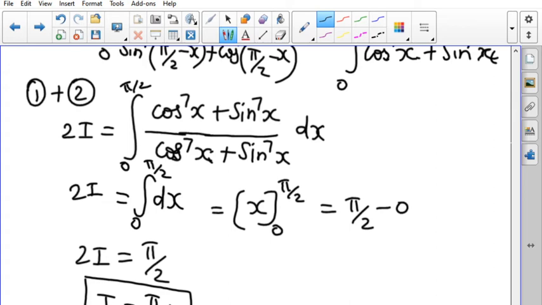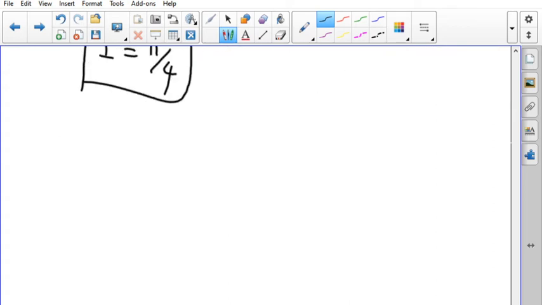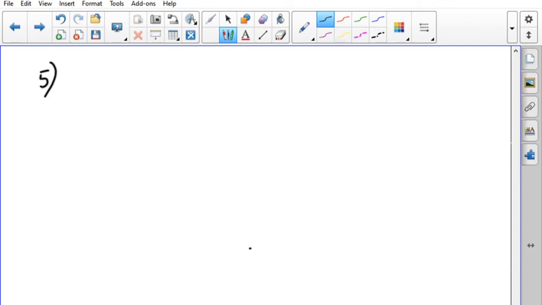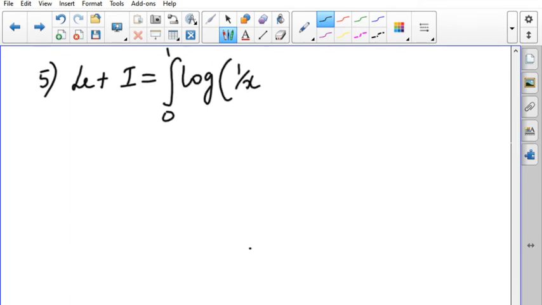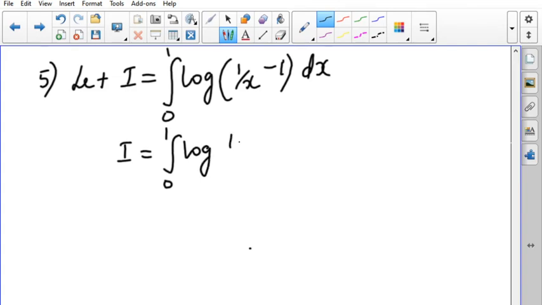Okay, now let us go to the next problem. Problem number 5. Let I be equal to the integral from 0 to 1 of log of (1 by x minus 1) dx. Taking the LCM, we can write I is equal to integral 0 to 1 of log of (1 minus x) by x dx.